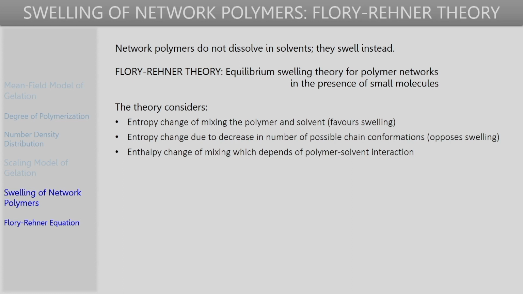One is due to the entropy of mixing. Since we are mixing 2 different substances, the pure entropy of mixing will always favor swelling because it will be a negative quantity. On the other hand, upon swelling the chains get stretched, since the chains are cross linked at different junction points.